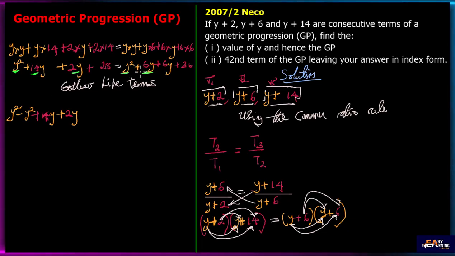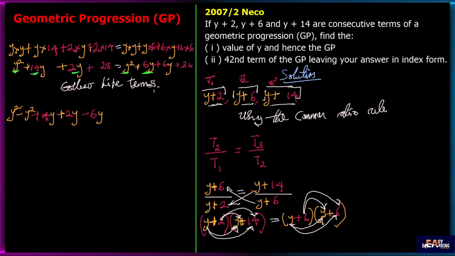So 6y is going to cross the sign of equality. It will become minus 6y. Let's take that into consideration because it's crossing this equality sign. So it becomes minus 6y. All right, better.